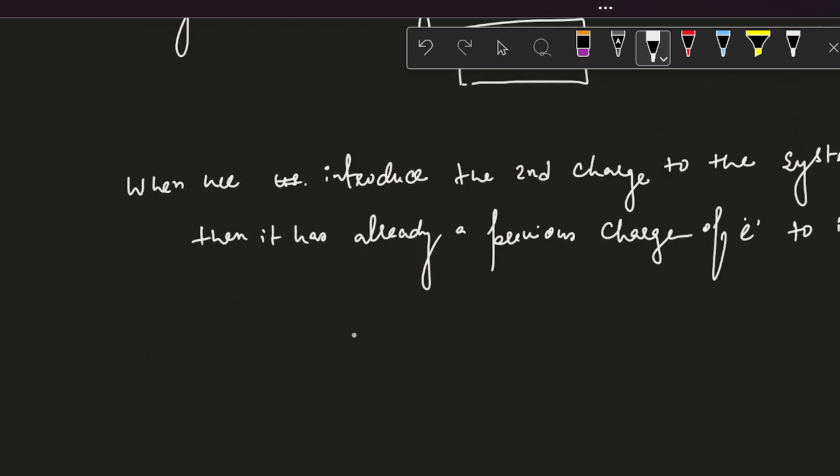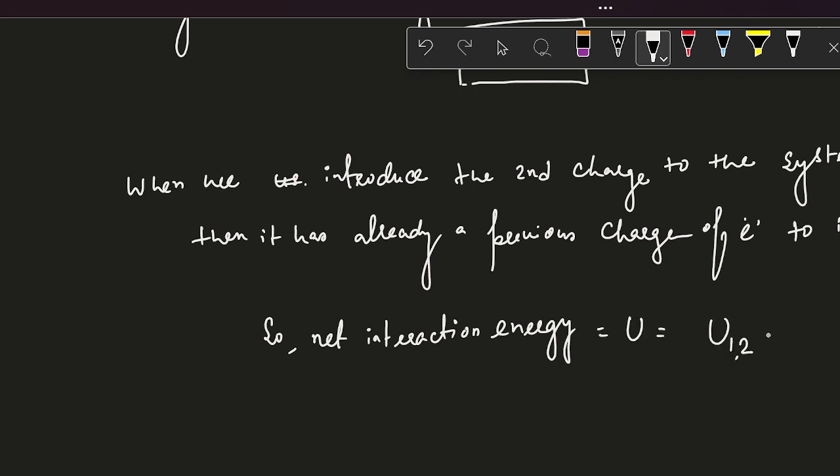So what happens is that the net interaction energy of the system is equal to U, which is nothing but the interaction energy between charged particles 1 and 2.